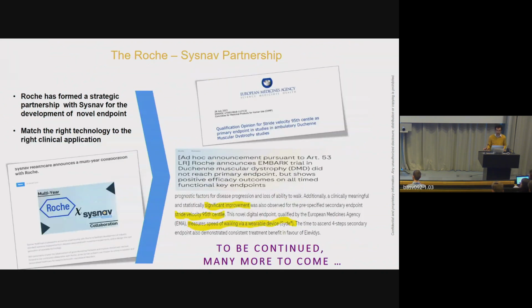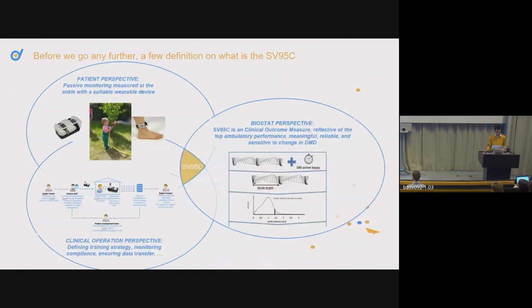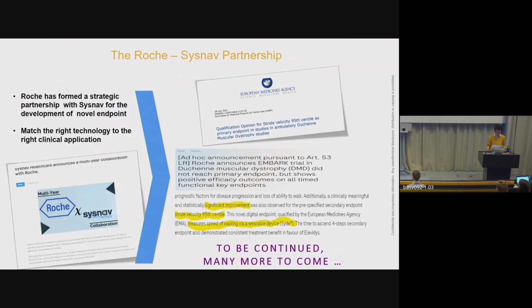And this is where the partnership between Roche and Sysnav, the strategic partnership, comes into play. I think 2 years ago, Roche and Sysnav formed a strategic partnership to develop new endpoints. The idea is to match the right technology with very precise and reliable measurement with the right sort of clinical application and clinical expertise coming from Roche.